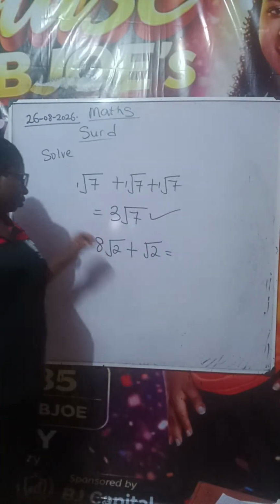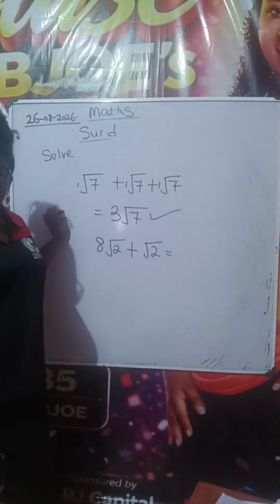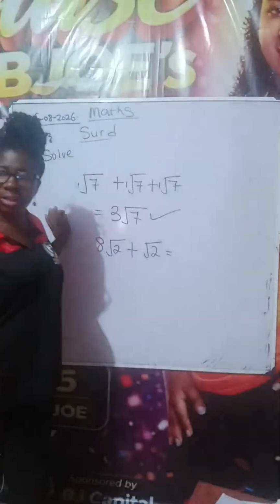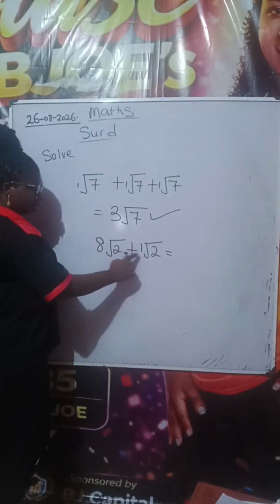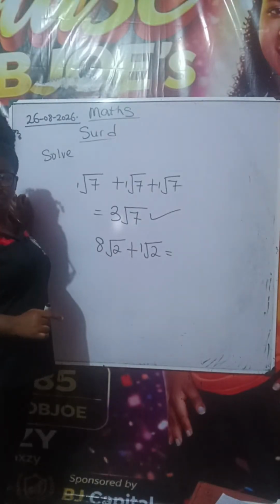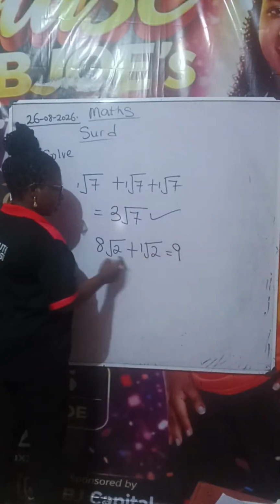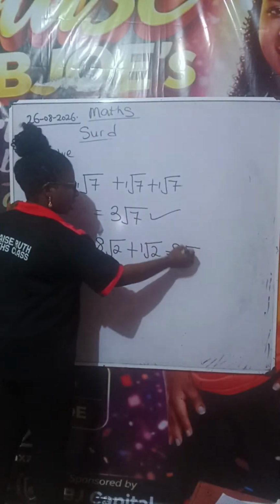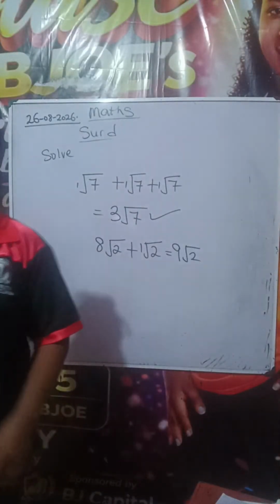Now this 8 is here, but here nothing is written, so it means that the coefficient there is 1. So 8 plus 1 will give you 9. Then you pick just one root, 9 root 2. Did you get it? Are we following?